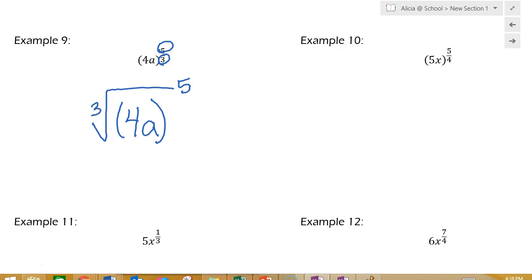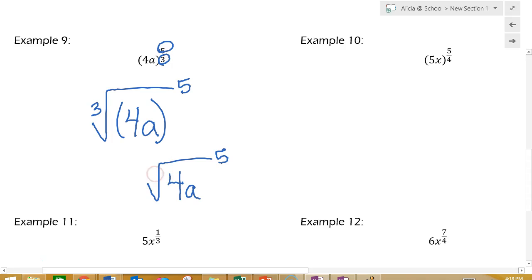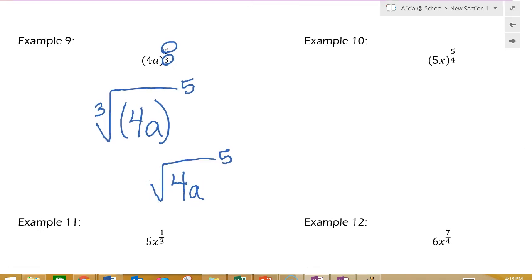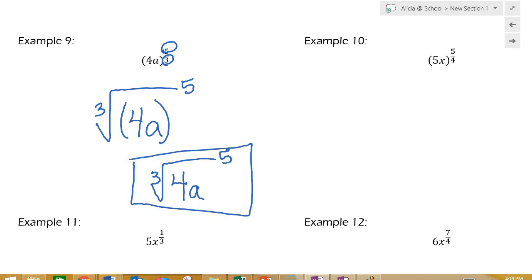Once you have everything in its place, you can go ahead and drop the parentheses. So if you also write 4a, make sure that 5 is outside. Do not write it next to the a, because that's going to look like 4a to the 5th, which is not what we want. Go ahead and rewrite our cube root there, and we're good to go. So either one of these answers is acceptable. Sometimes I just like leaving it in parentheses so I know I don't accidentally make the exponent for my a a 5.